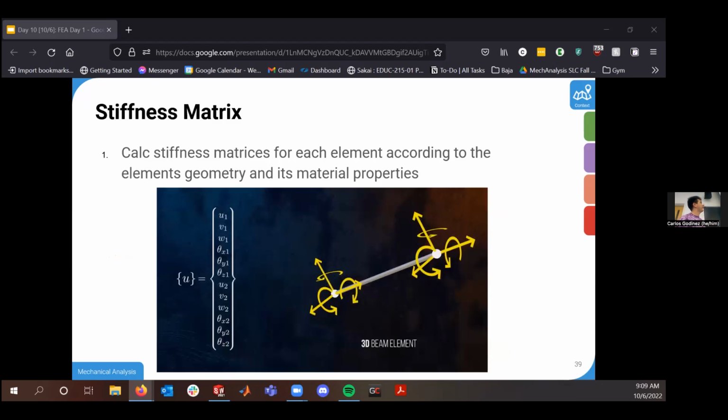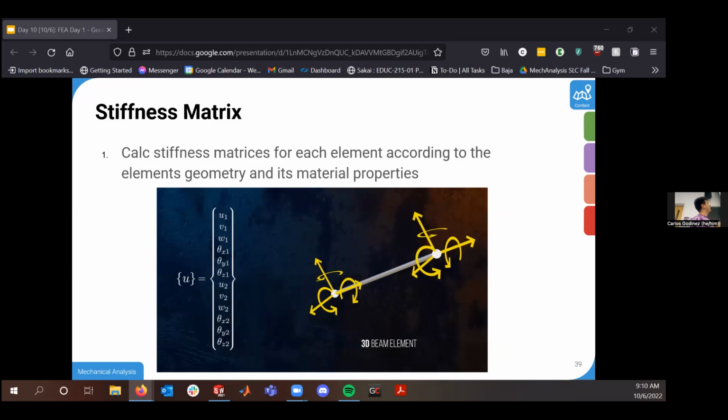However, if I now say this is a frame member operating in 3D space, I've now added 2 more degrees of rotation. And remember, this is still an approximation and abstraction of 3D space. But now all of a sudden I have this many degrees of freedom for just one element.